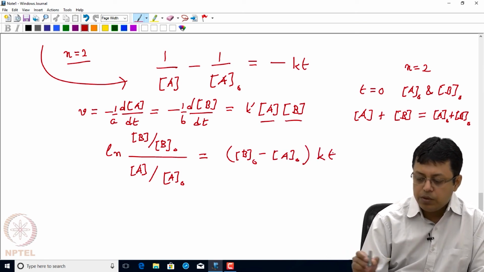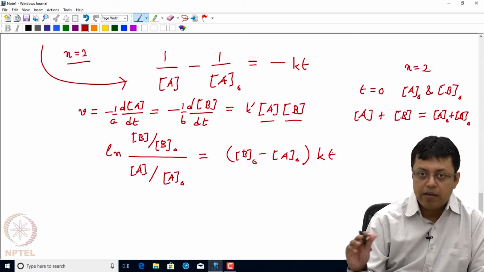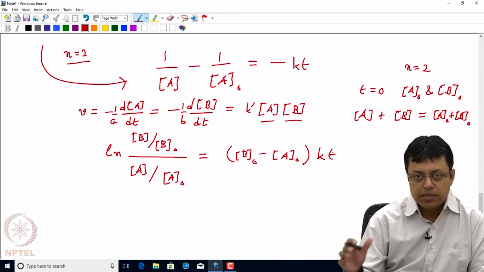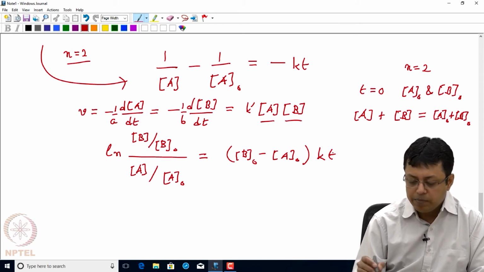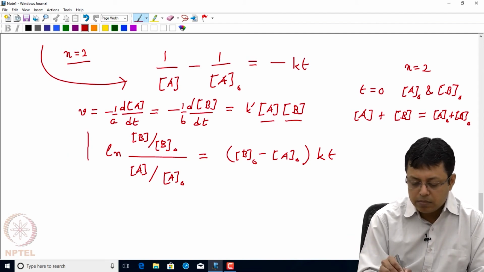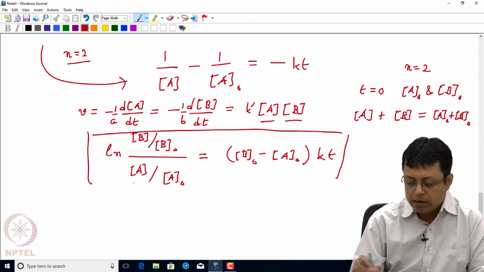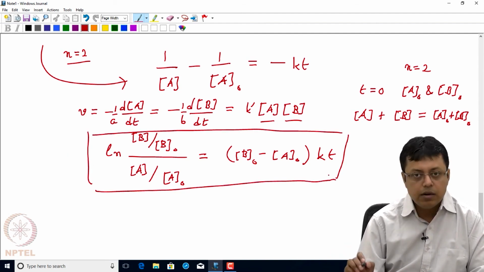You see that the moment we change the condition in the rate law, with two species involved simultaneously, I have a slightly more complicated expression for the integrated rate law.